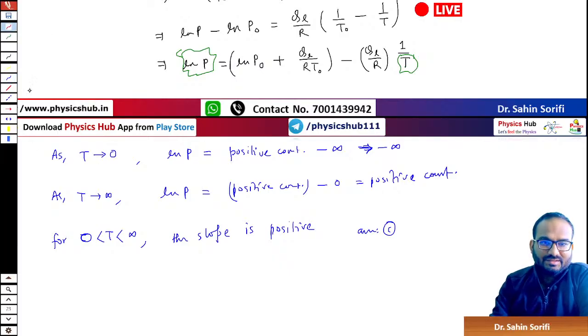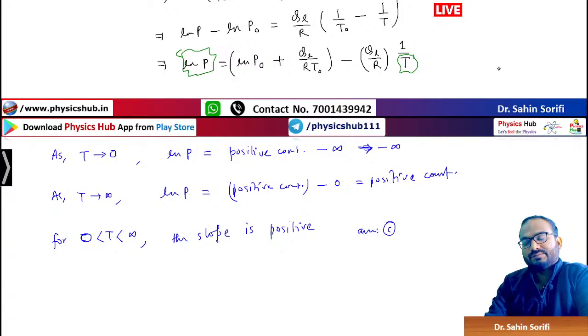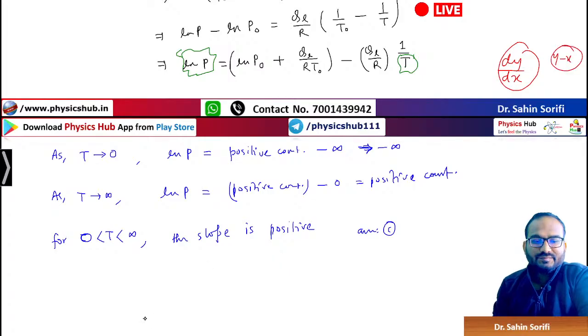So it's a simple thing. How do you represent slope? dy by dx, right? This is the slope in the y versus x curve. In a similar manner, if you want to calculate the slope of the curve ln P versus T, you calculate d ln P by dT.